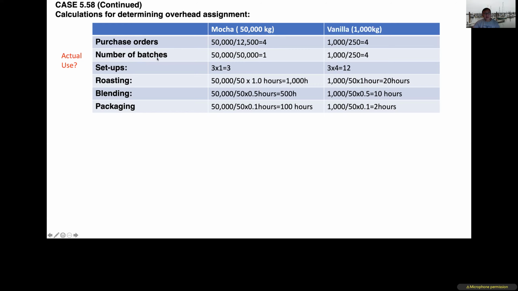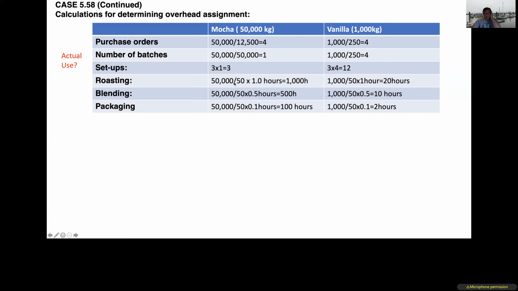For the number of batches, quality control for 50,000 kilograms needs only 1 batch. For each batch, you need 3 setups, so 3 times 1 is 3 setups.